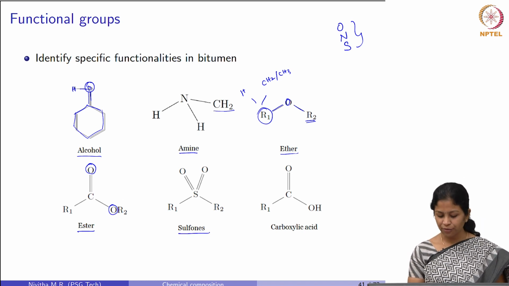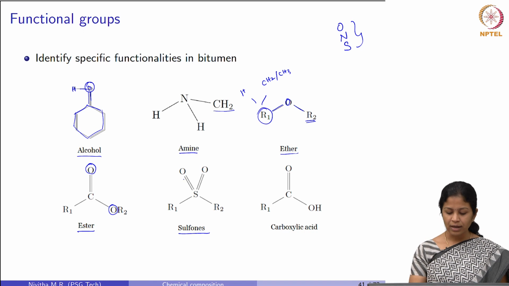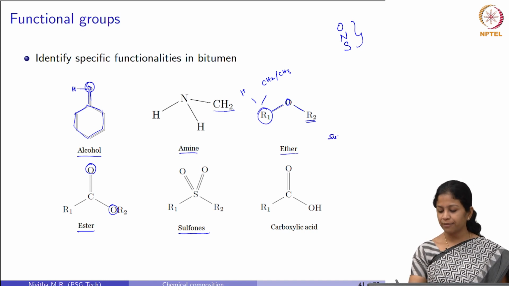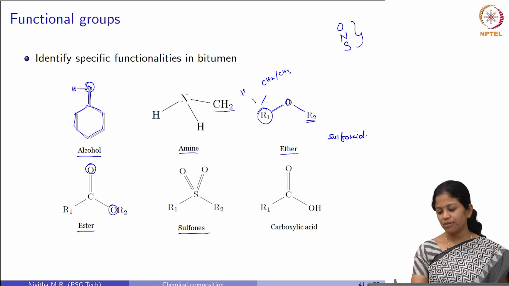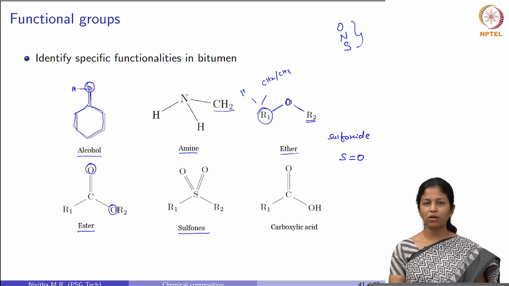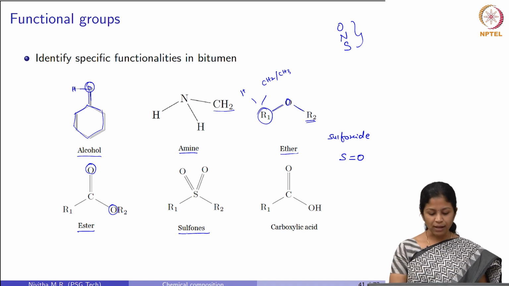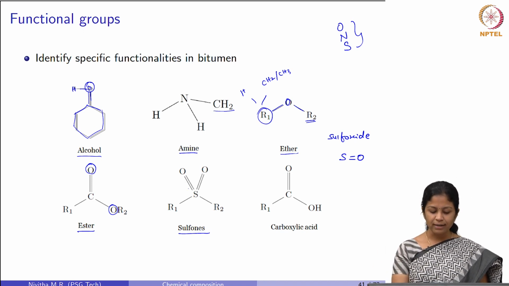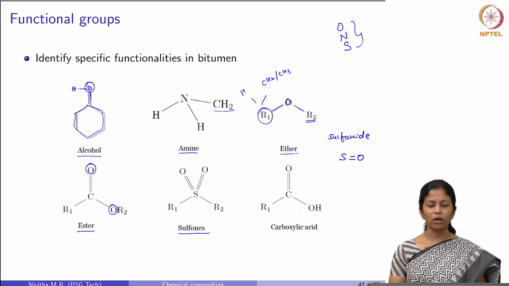We also have sulfones, where the sulfur is double bonded to 2 oxygen atoms. We also have sulfoxide, where sulfur is just double bonded to 1 oxygen alone. Sulfones are when sulfur has double bonds to 2 oxygen atoms.